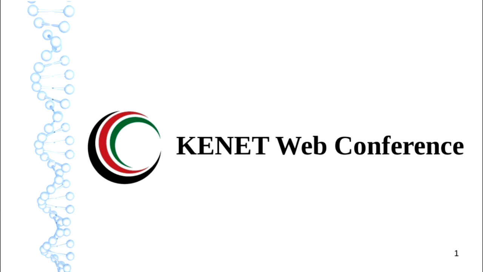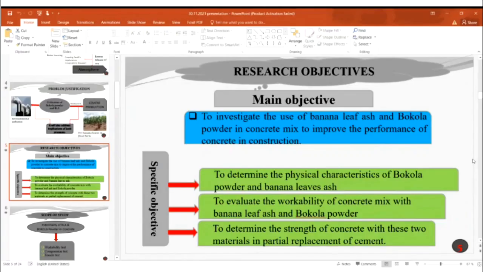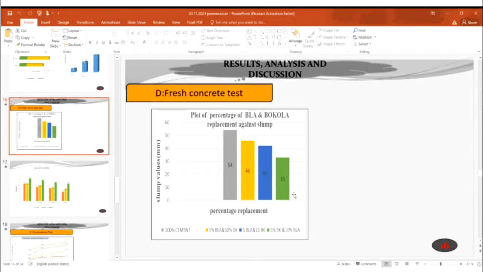Another one, 5% BLA and 15% Bacola. And the final, 10% BLA and 5% Bacola. Here are the results. As you can see, the slump decreases. This is probably due to high water absorption by banana leaf ash, which was evident from the consistency test results.